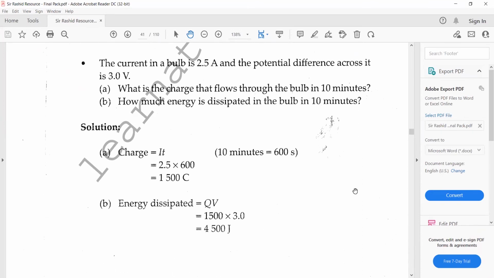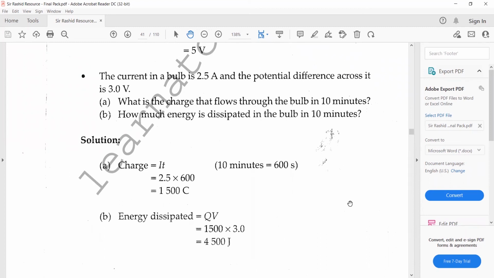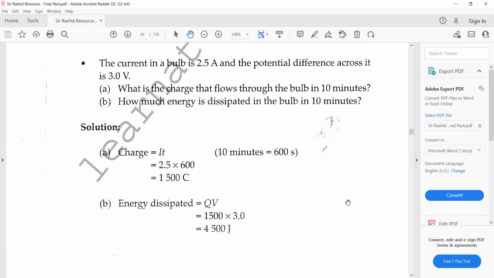Now there is another example. Just see this example. Solve this example quickly. Time is given in minutes. Remember, you have to change time into seconds. Time should be in seconds. In the first part, you have to find out the charge. This is a product of current and time.